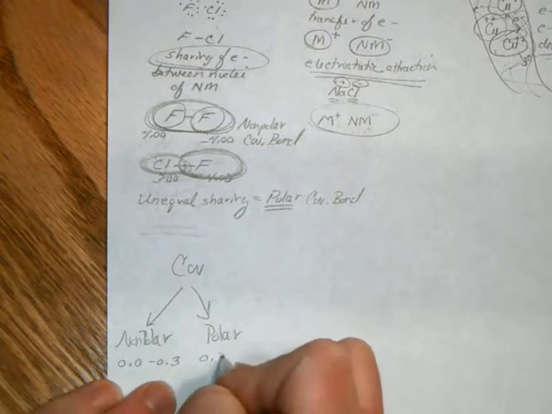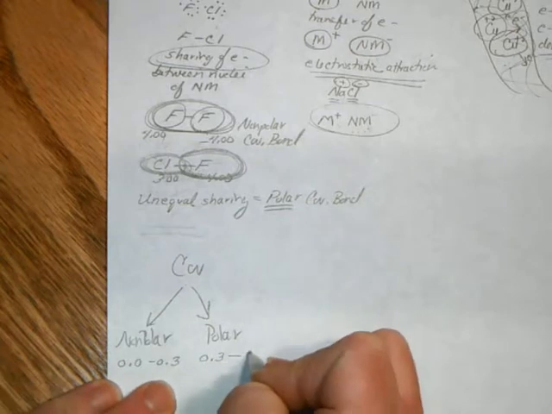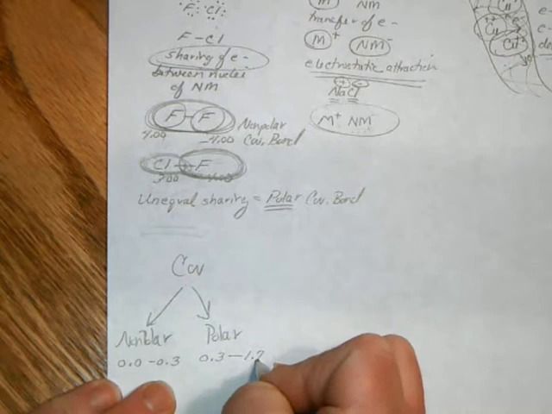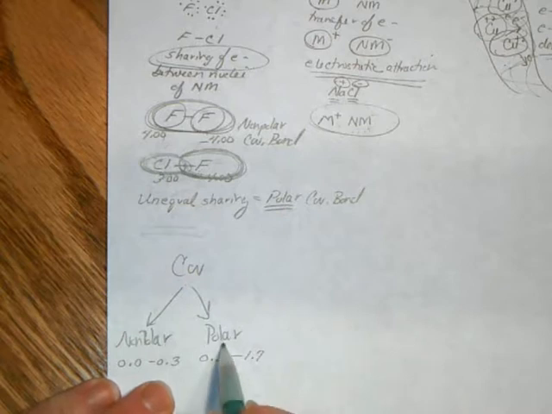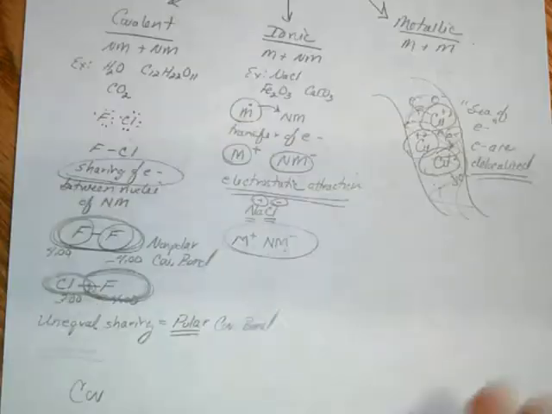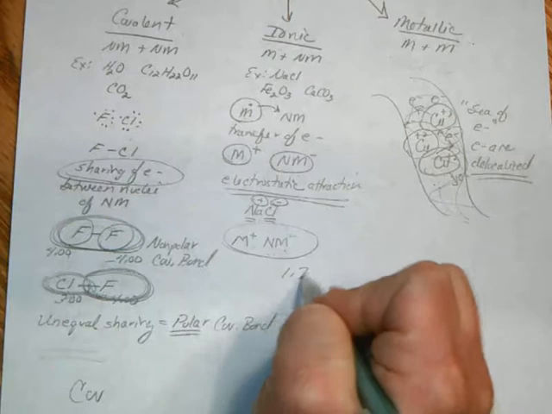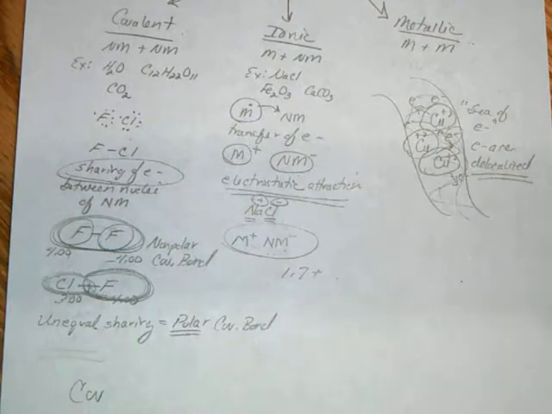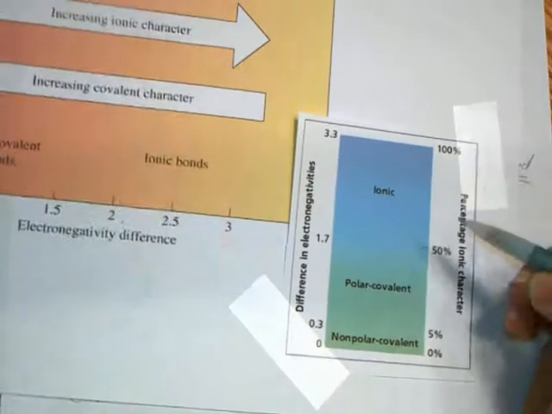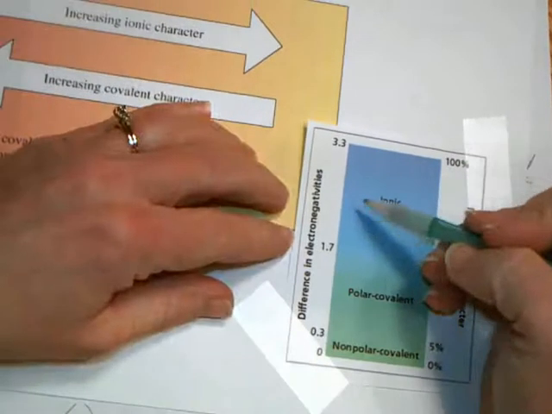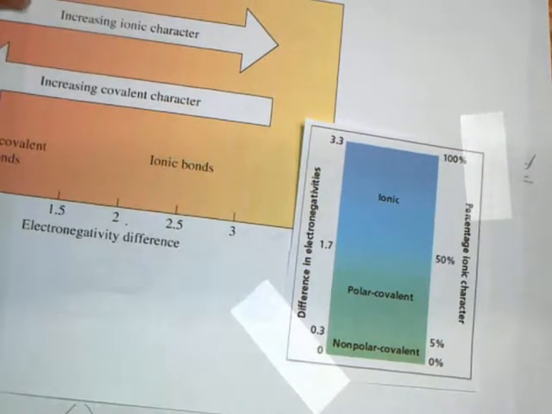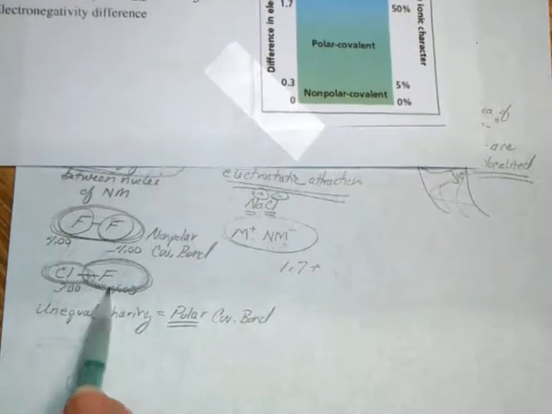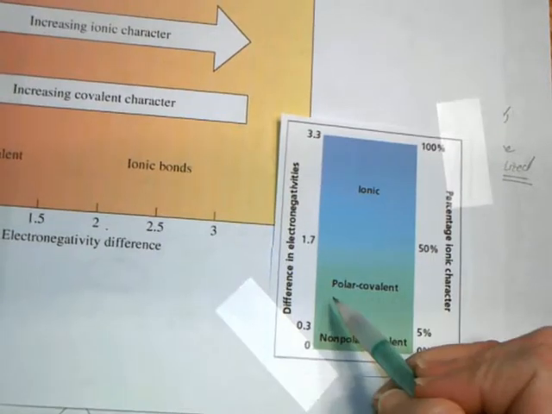If it is 0.3 up to 1.7, then it would be polar covalent. If it is 1.7 or above, we put it in the ionic realm. So remember, the sodium and chlorine fell here. The case of chlorine and fluorine, being a difference of 1, would fall in the polar covalent.